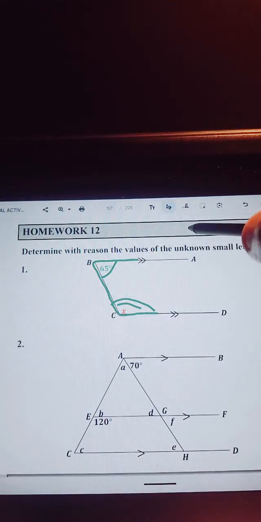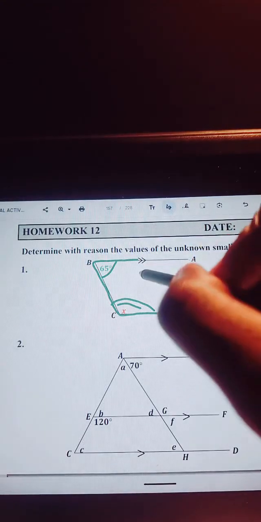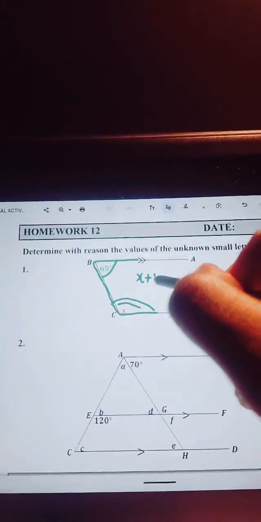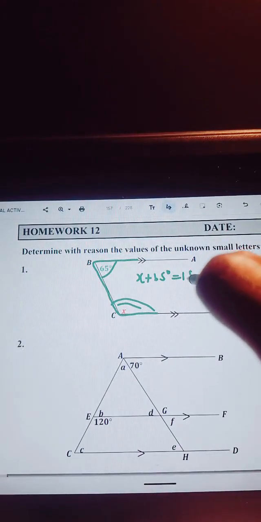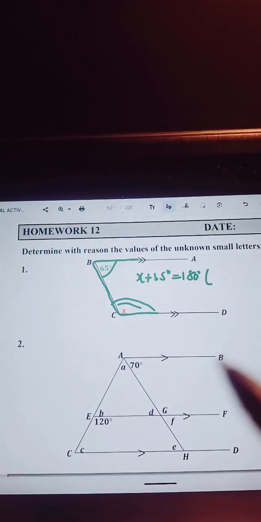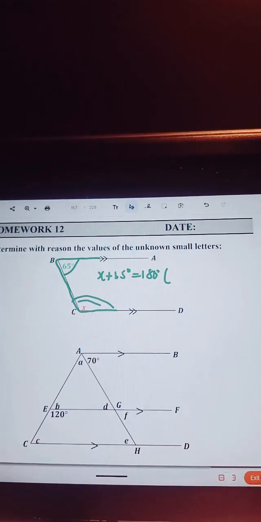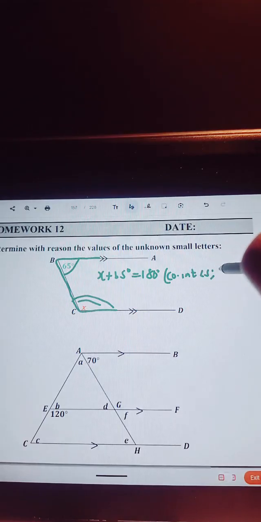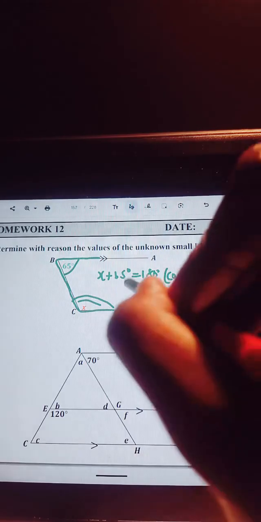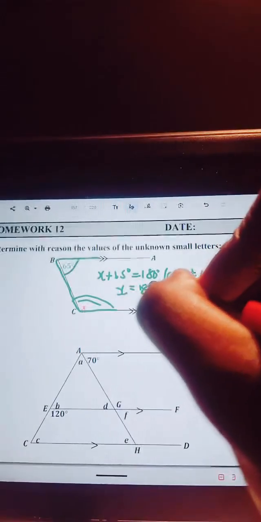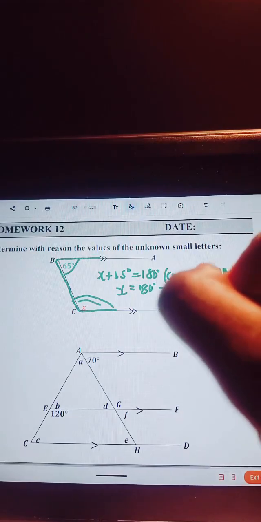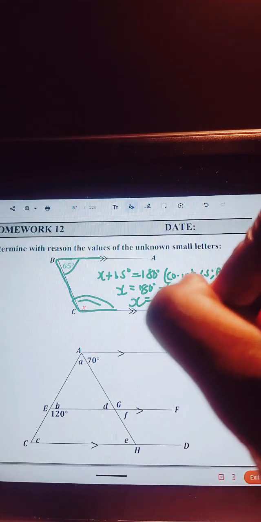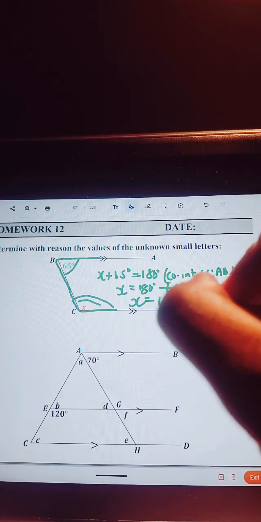Co-interior. Yes. So x plus 65 degrees is equal to 180. Reason: co-interior angles, AB parallel to CD. Then x is equal to 180 minus 65, which is 115.